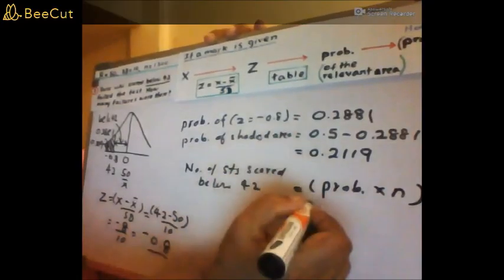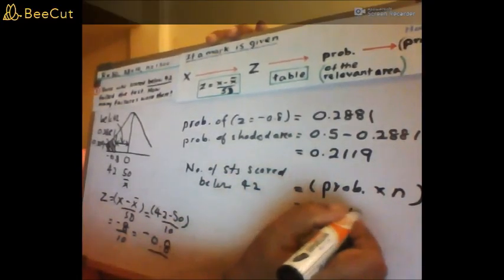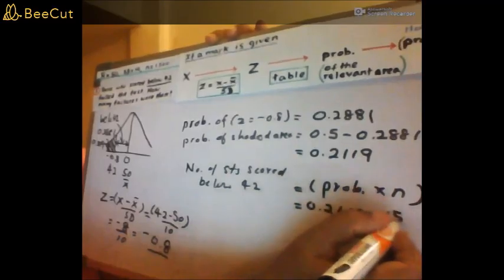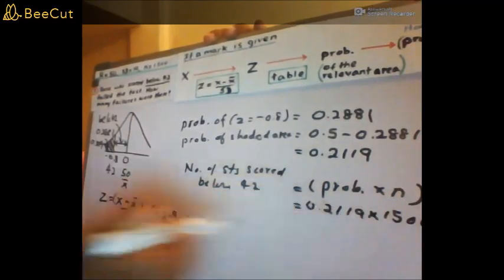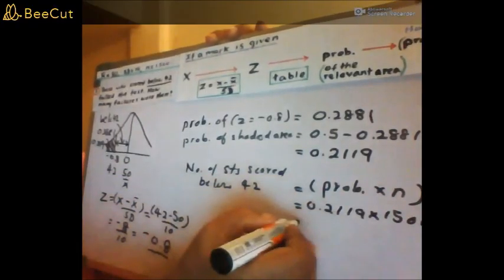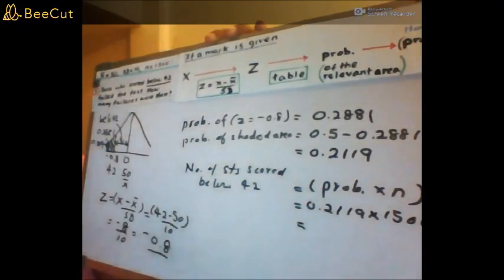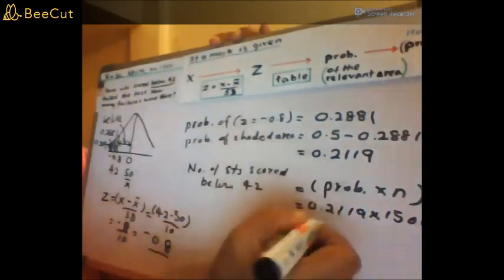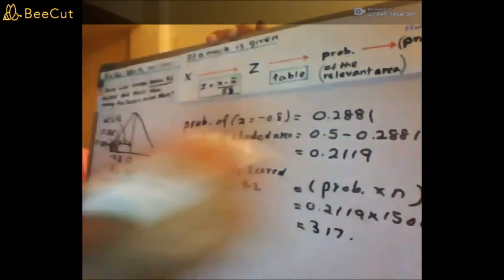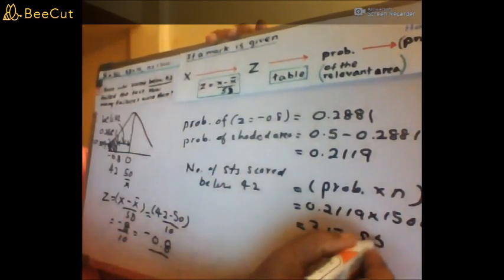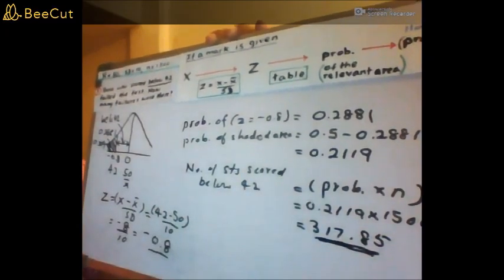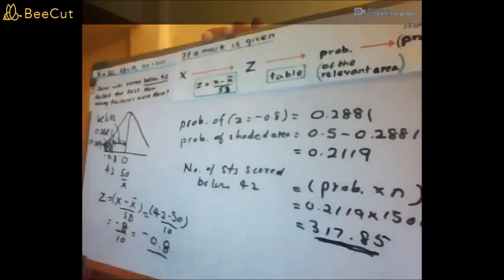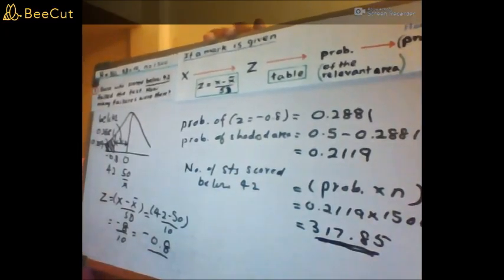This is the probability, 0.2119 into 1500. Out of 1500, this probability means 21.19%. So here the answer is 317.85. That is approximately 318 students failed the exam. Easy.